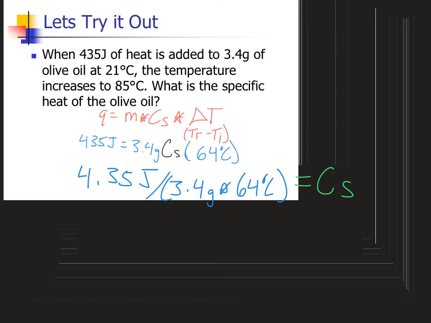If I do my calculations here, I will find that I have 4.35 divided by 64 and I will get a fairly low value of about 0.0019, and that would be joules per grams times degrees Celsius, and that will give me my specific heat for the olive oil at this time.